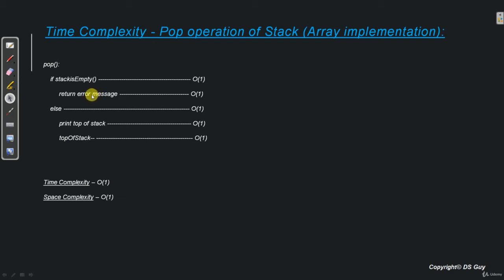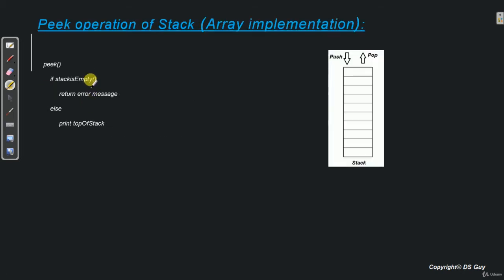Now let's quickly see the next operation, that is peek operation. Peek operation is very similar to pop operation. The only difference is that the top of the stack variable is not updated. What that means is, let's say if this is our stack and we have 10, 20 and 30 in the stack.